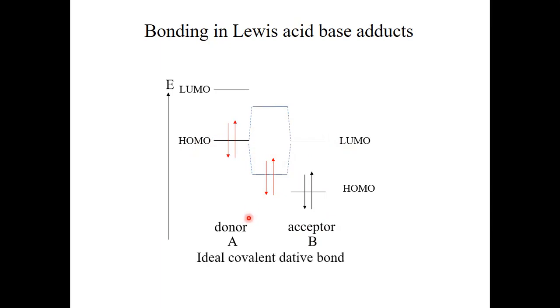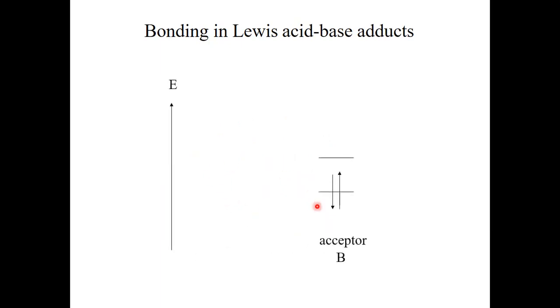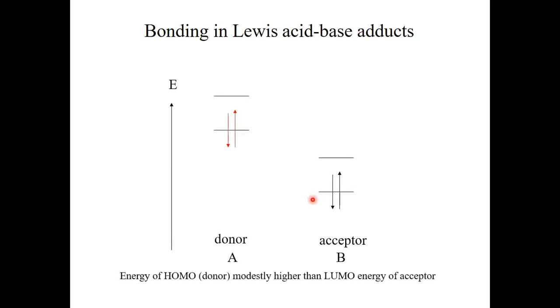However, we go to another case in which now the HOMO of the donor is slightly higher than the LUMO of the acceptor. Then we can still form a bonding and antibonding molecular orbital between them. But now that electron pair, which gets donated from the donor, will not be completely equally shared anymore between the donor and the acceptor.